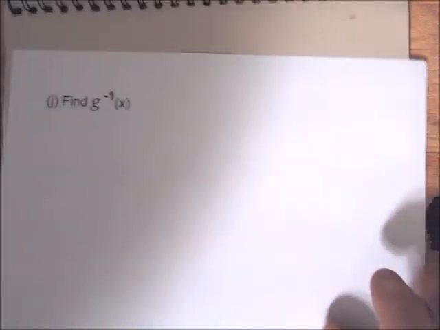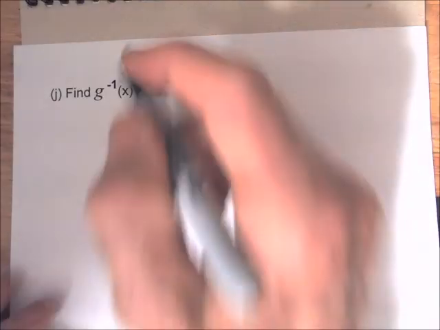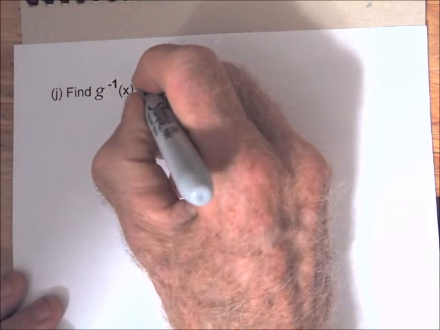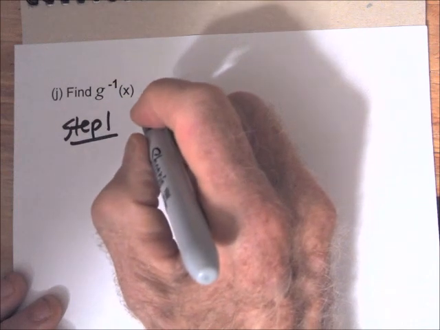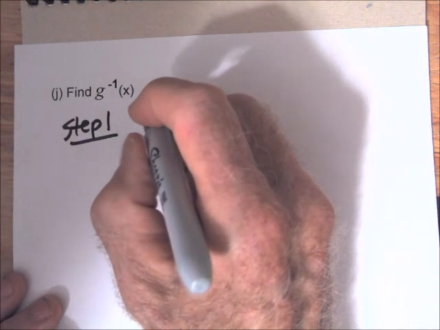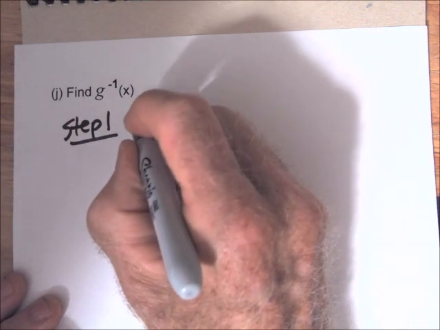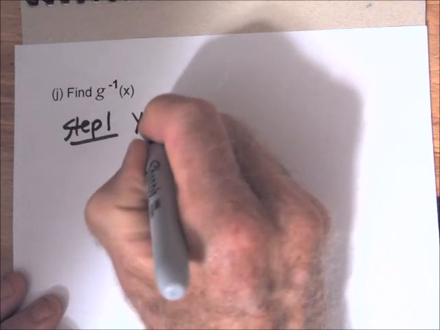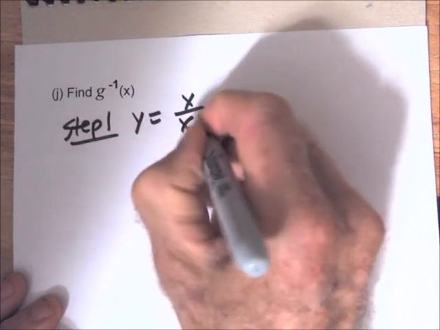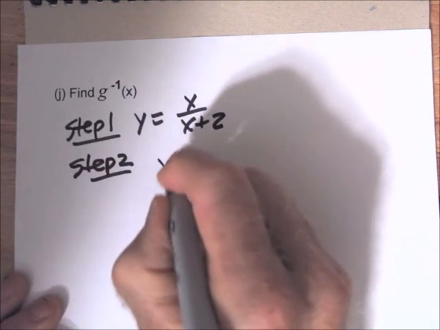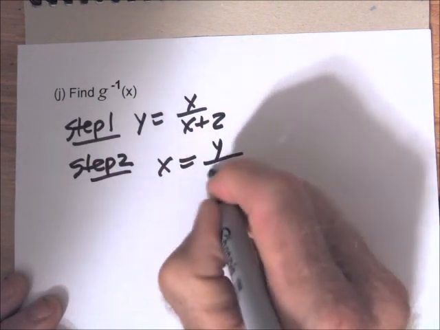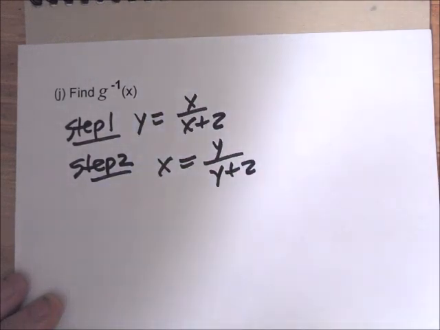This one is maybe slightly more challenging, because x appears in two places. So step 1, instead of g of x, we want to write y equals. And then step 2, switch x and y. So x is equal to y over y plus 2, and we want to solve that for y.